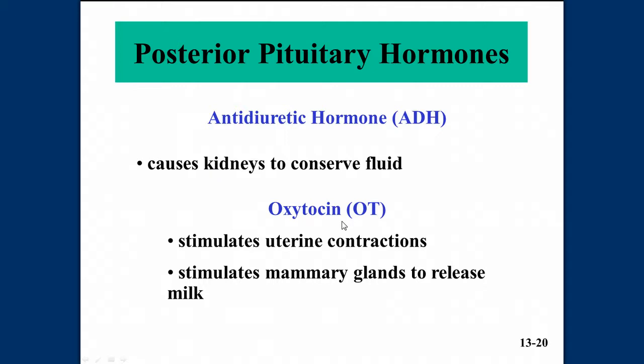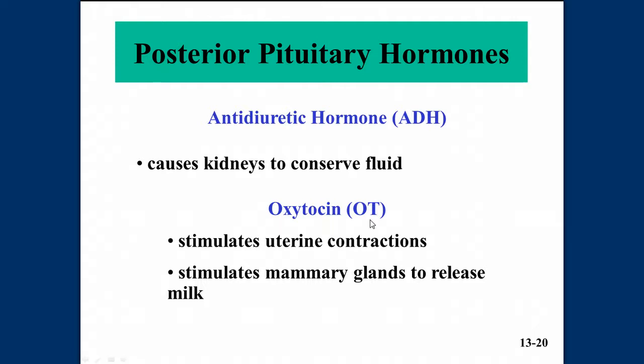Another posterior pituitary hormone, oxytocin. Now you might have heard this if you have been around pregnant women who are trying to give birth or after birth. The drug oxytocin could be given to the expecting mother when they're trying to promote contractions and promote the delivery of that baby.